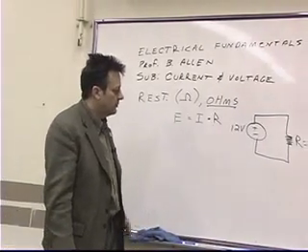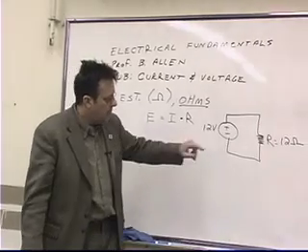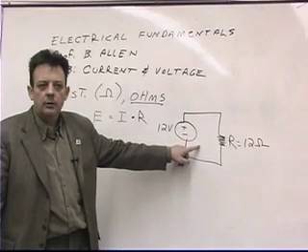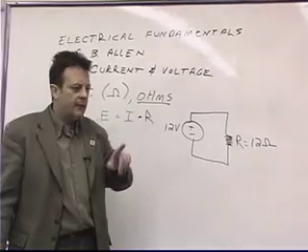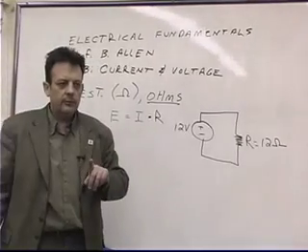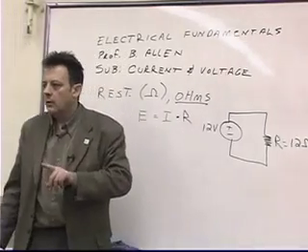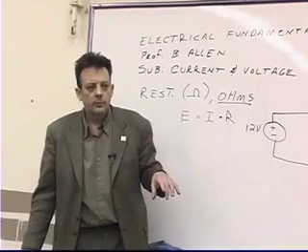And we wanted to know how much current was flowing in this circuit. Now again, when I ask you what current is, what type of current are we going to be focusing on in this course?